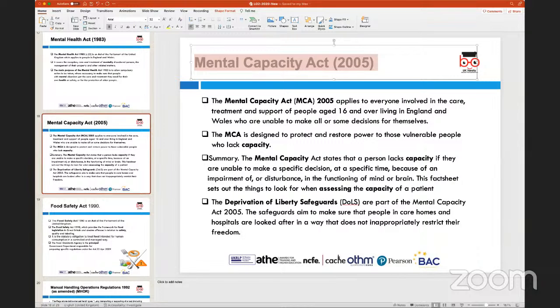So somebody who is authorized to make decisions on that basis follows a legal framework, and makes sure that the decisions being taken are in the best interest of the individual in terms of the care being provided, and that the decisions are beneficial for the person in the long run.